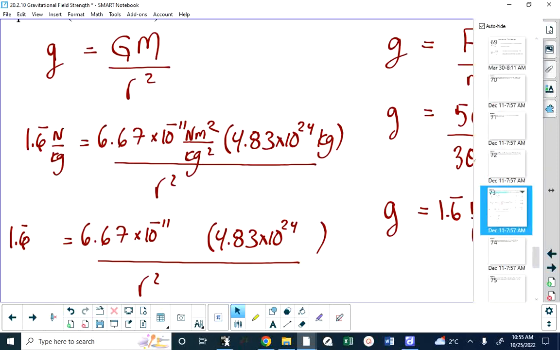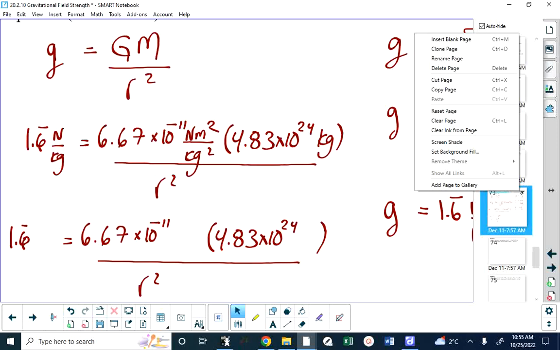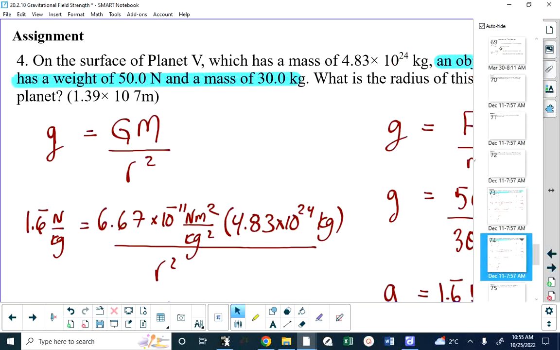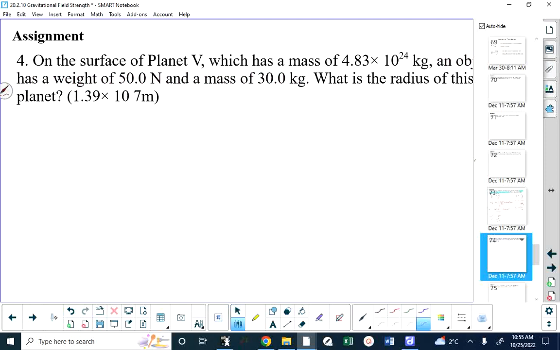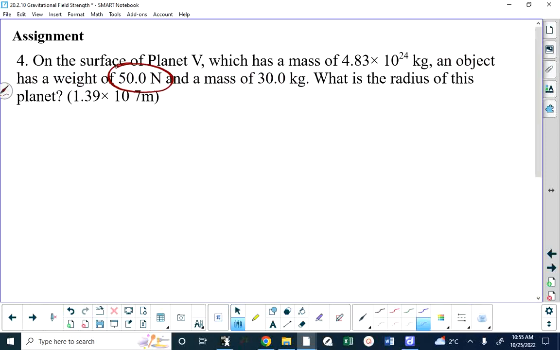What we could have done instead is said to ourselves that this weight, yes, that is the influence on the test mass, but that is also, simply speaking, the force due to gravity between the mass of the object and the mass of the planet.